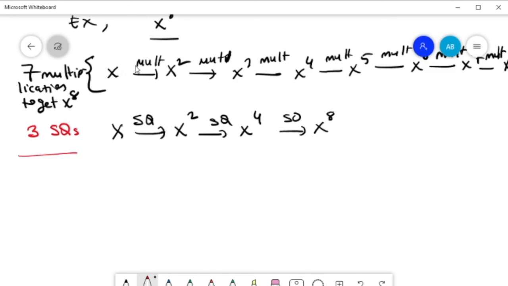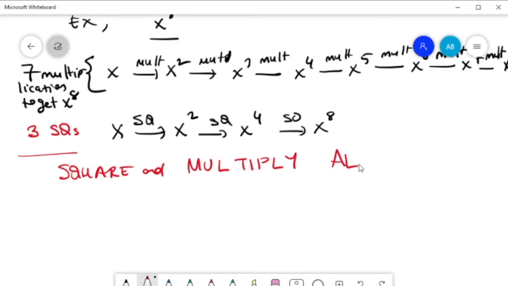By using multiplying and squaring, we have the square and multiply algorithm.